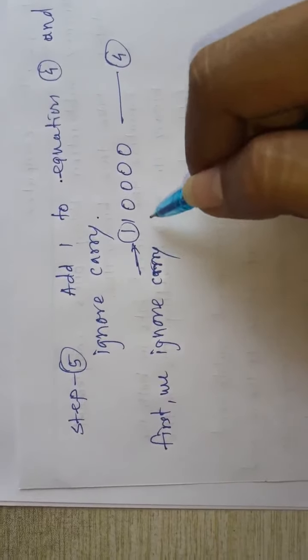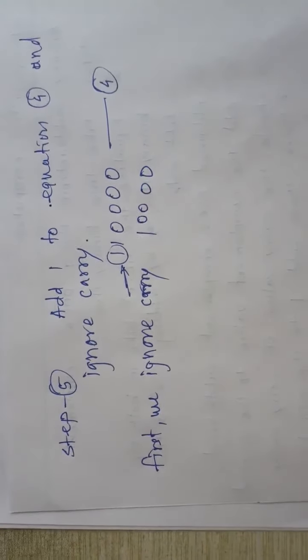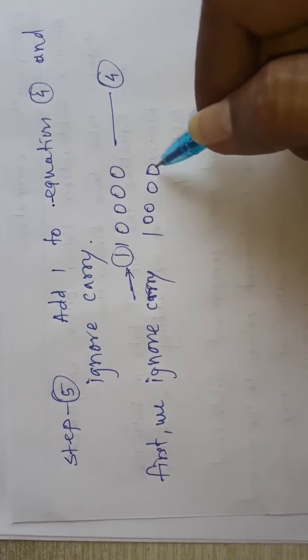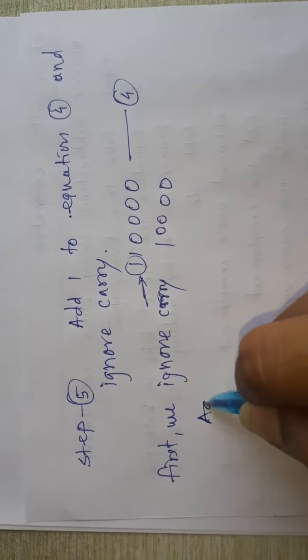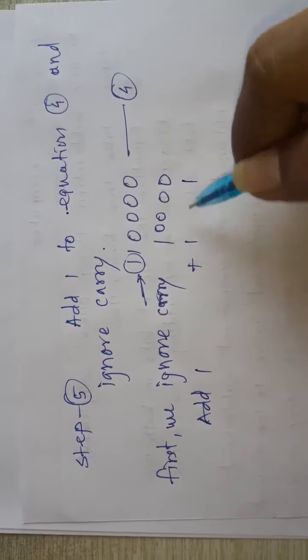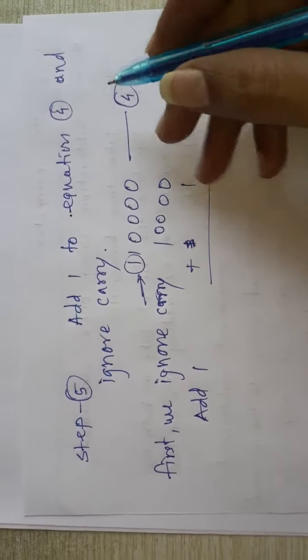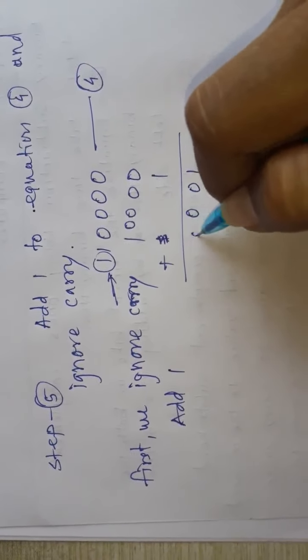We ignore this, so we write down only 0 0 0 0 and 1. This is equation 4 by ignoring the carry. Now we add 1 here, not here. So we know the addition rule: 0 plus 1, 1, so 0 0 0 0 and 1.